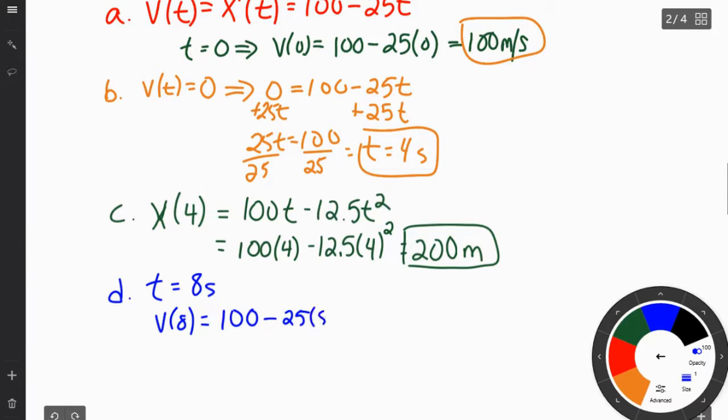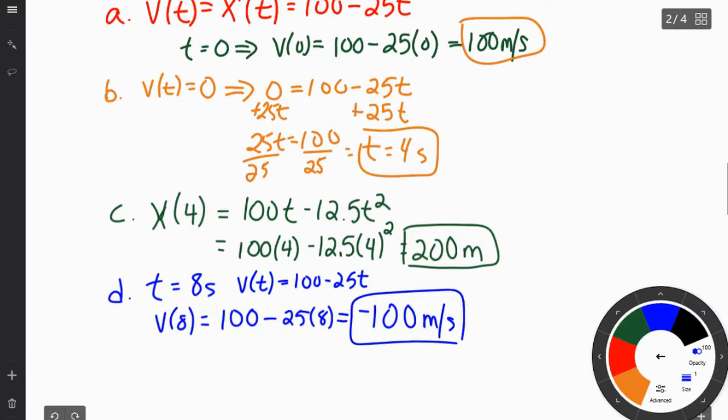Because our velocity function was 100 minus 25t, that's 100 minus 25 times 8. You find that it is negative 100 meters per second. Again, this reiterates symmetry. If it leaves at 100 meters per second going up, it's going to come back down at 100 meters per second, but in the opposite direction.